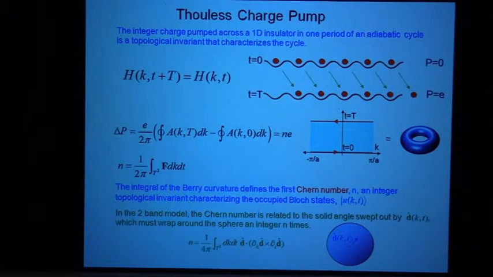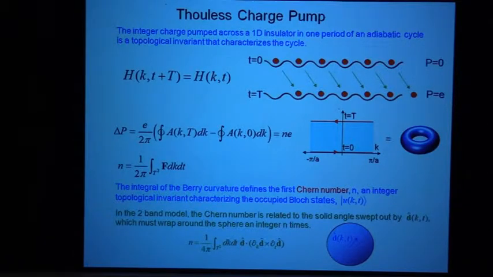So okay, this is an important thing. If my wave function U was defined continuously over the entire torus, then obviously this line and this line are the same line, so these two would be equal to each other. This one would just cancel out this one, and so this n would be equal to 0.